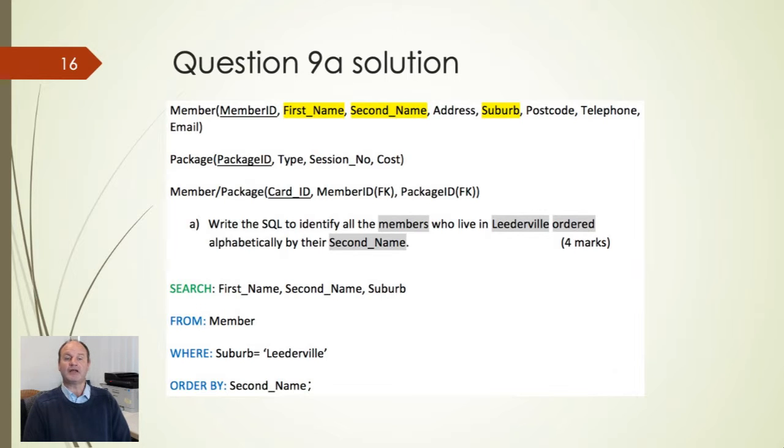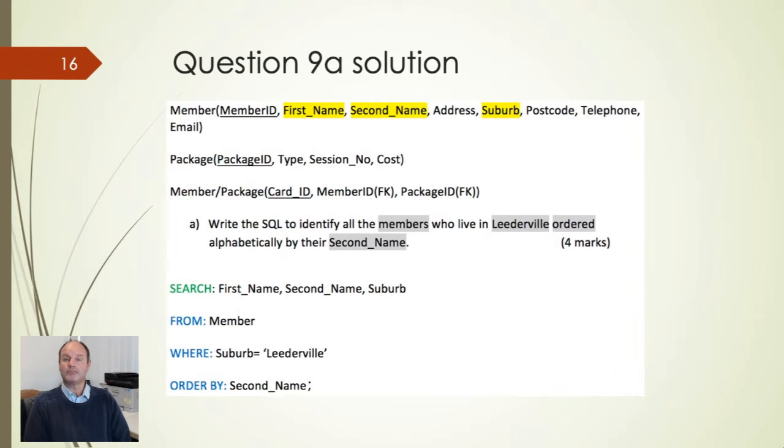Select first_name, second_name, suburb. We do not need to write member.first_name, member.second_name, as we only need the name from this one table.